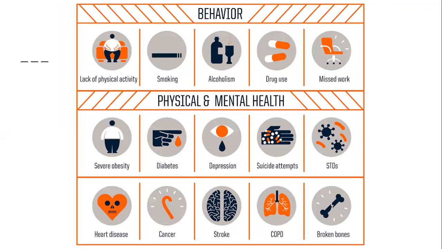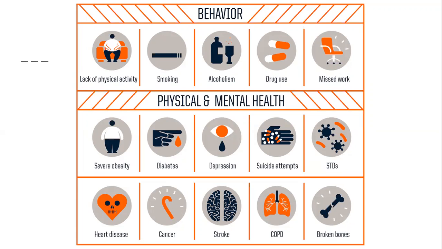This is another graph visual that kind of shows and breaks it down a little bit more. So more of the behavior that they might see, physical and mental health. So some of these are some of the outcomes they see of people with high ACE scores then having these sorts of health issues later on in life.